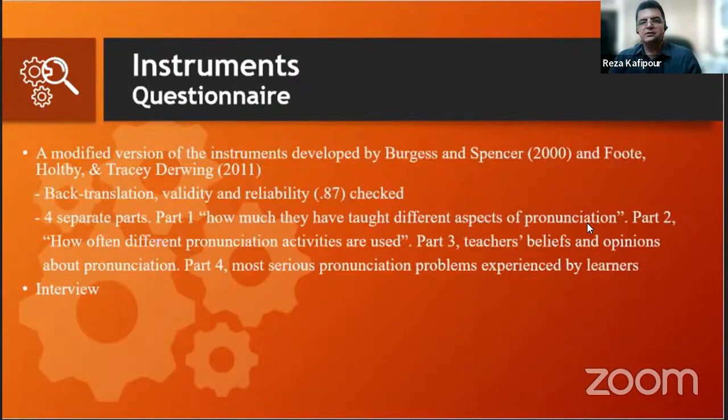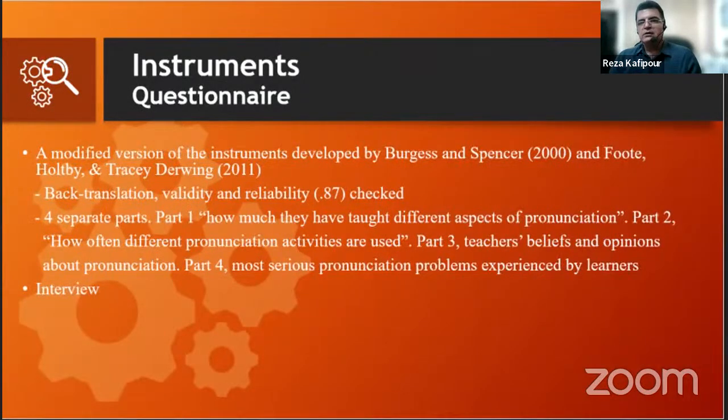The second part of the questionnaire evaluates how often different pronunciation activities are used. The third part evaluates teachers' beliefs and opinions about pronunciation. And the last part of the questionnaire investigates the most serious pronunciation problems experienced by learners.